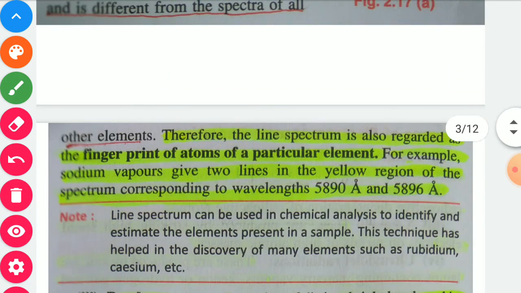Therefore, the line spectrum is also regarded as the fingerprint of atoms of a particular element. For example, sodium vapor gives two lines in the yellow region of the spectrum corresponding to wavelengths 5890 angstrom unit and 5896 angstrom unit.